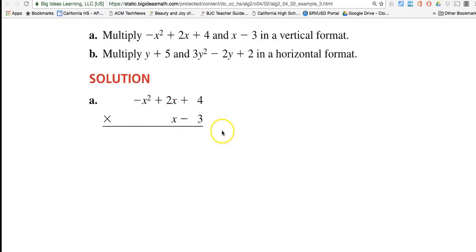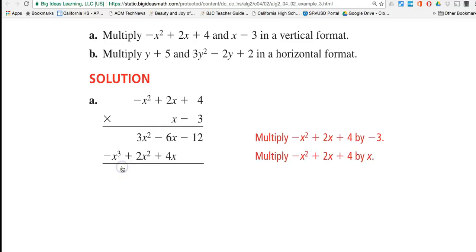So let's go ahead and look at what the result of this is. So we've got negative 3 times 4, 2x, and negative x squared. So you'll see that first we get negative 12, minus 6x, and 3x squared. Next thing we do is, again, we're going to leave a blank space to move over one just to line up our like terms. And we're going to get 4x, 2x squared, and negative x cubed.